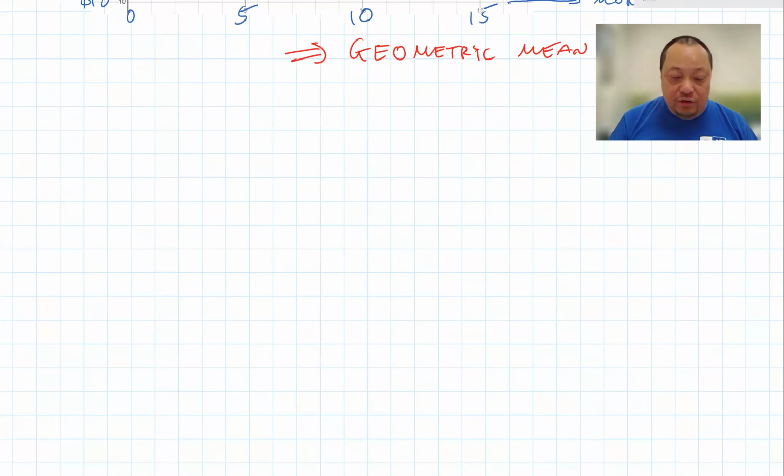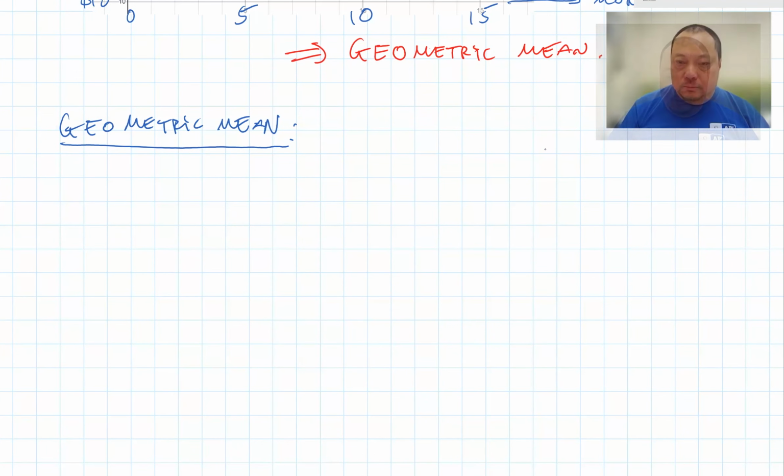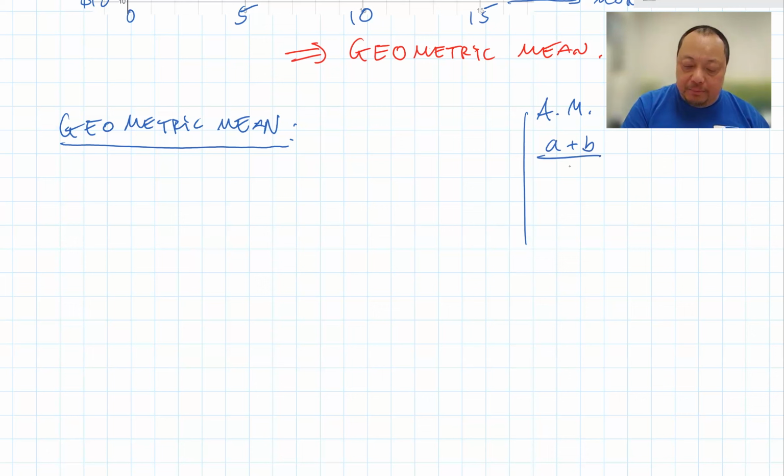All right, what is the geometric mean? Over here, I'm going to do the arithmetic mean, AM. If you have two numbers, then A plus B over 2. If you have three numbers, it's A plus B plus C over 3.